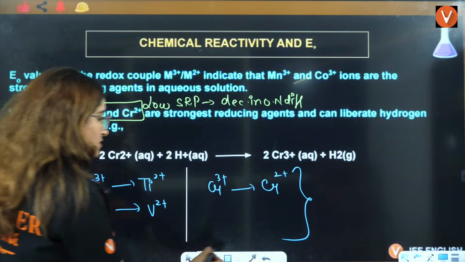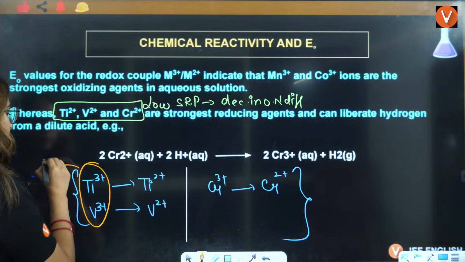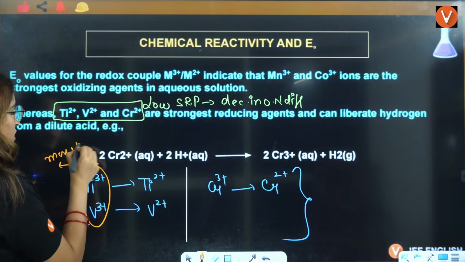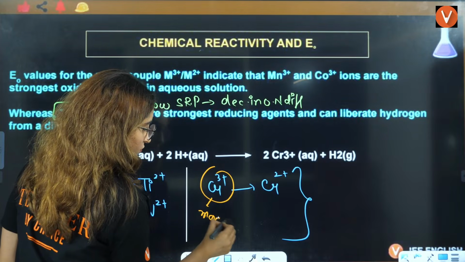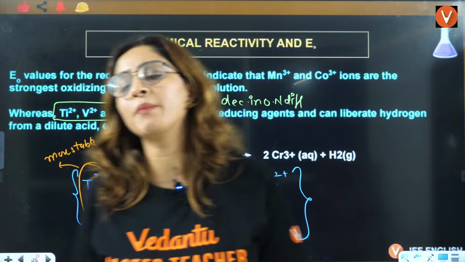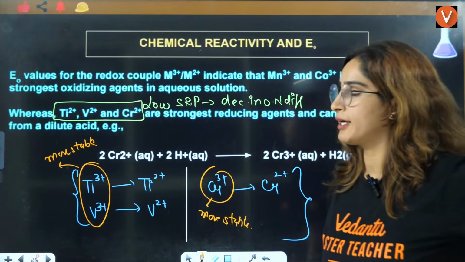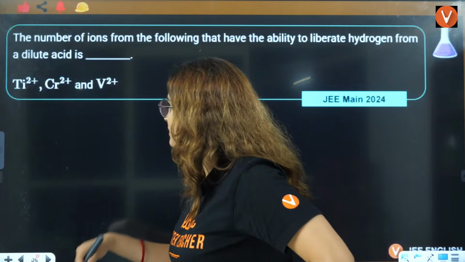So that means this is more stable. This is more stable, this is more stable, because oxidation number decrement is becoming difficult here. So that was the reason behind it.